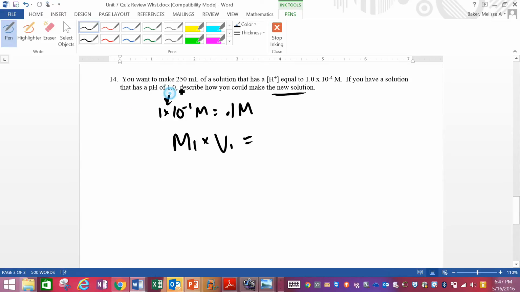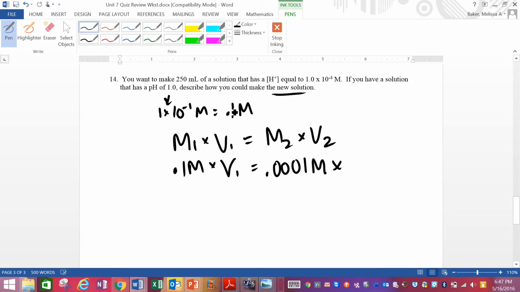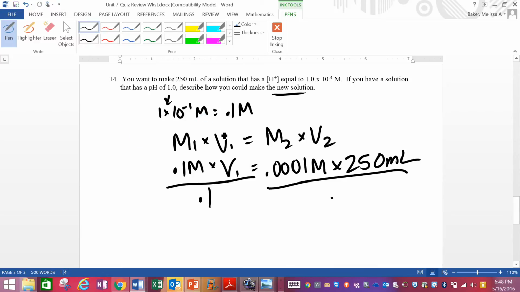M1 times V1 equals M2 times V2. We've got a 0.1 molar solution. We don't know how much of it we need yet, but we know we want to make a 0.0001 molar solution, and we want to make 250 milliliters of it. Divide both sides by the 0.1, and V1 comes out to be 0.25 milliliters.